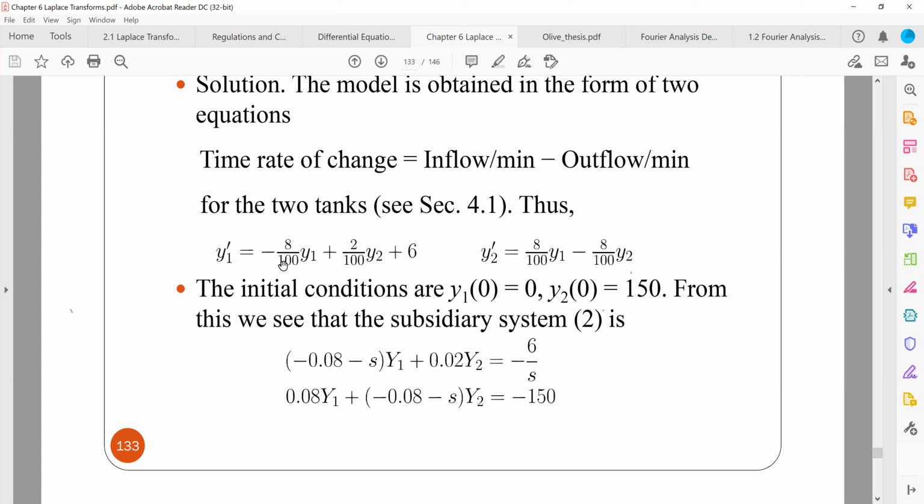Collecting like terms: if you take the Laplace transform of this, the Laplace transform of everything, and collect like terms, you'll end up with this equation.